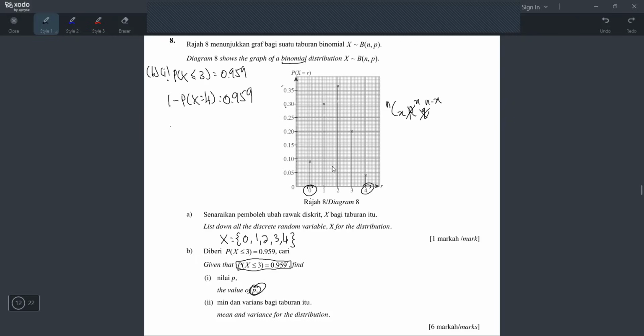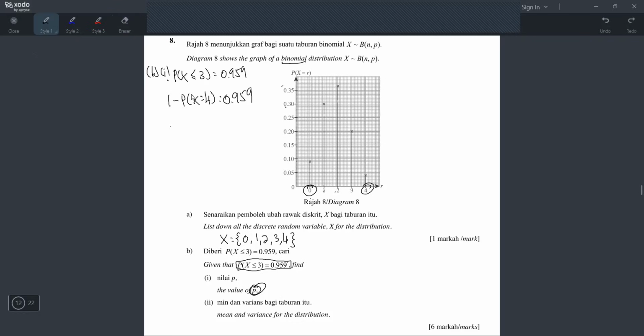So it's very hard to find if you do P(X=1), 2, and 3. But when X equals 4, this will be 4C4, you can cut this, and then this whole thing also you can cut, because if here is 4, here will be 4, here will be 0. That is why it's easier to use P(X=4). You understand? That is why I try to convert this information to P(X=4).